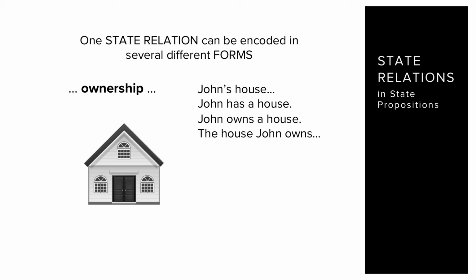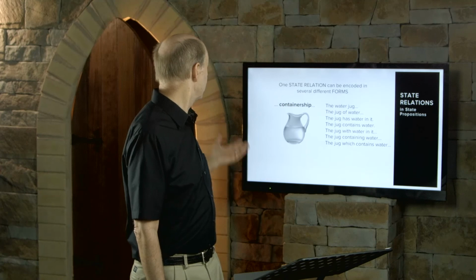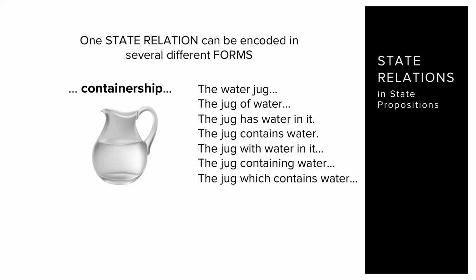So ownership between John and house could be stated: John's house, John has a house, John owns a house, the house that John owns. Or with containership, a single state relation could be encoded in any one of these many forms. It's the same basic state proposition stated slightly differently because of the context.